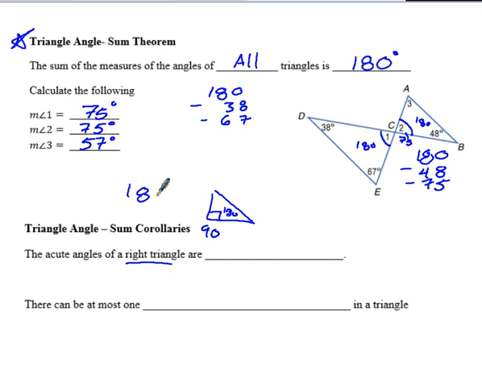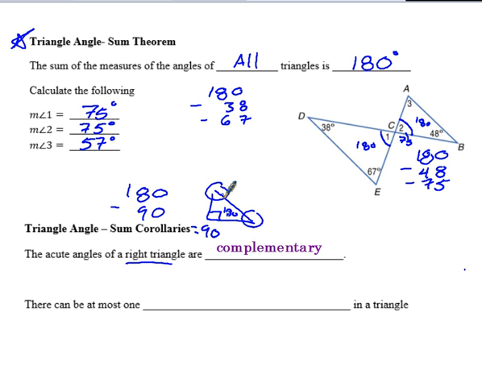So if I do 180 degrees minus 90, I'm left with these two angles. 180 minus 90 equals 90. So the two acute angles of the right triangle are complementary. So regardless of what these numbers are, they're always going to add up to equal 90 degrees, because 90 plus 90 equals 180.